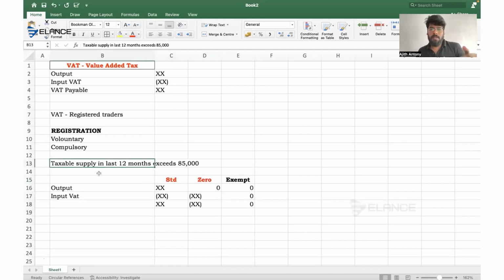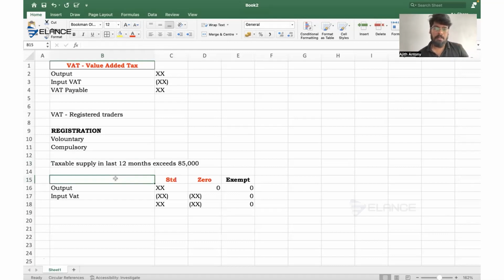Okay, so we just started with the registration. Under the compulsory registration, we just mentioned the condition. If a taxpayer's taxable supply in the last 12 months exceeds £85,000, he will compulsorily register for the VAT without fail. And the taxable supply, which means standard rated and zero rated supplies together, is called taxable supply.